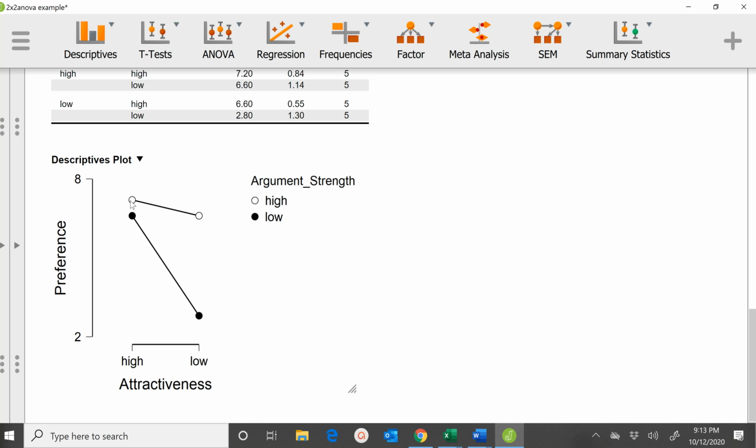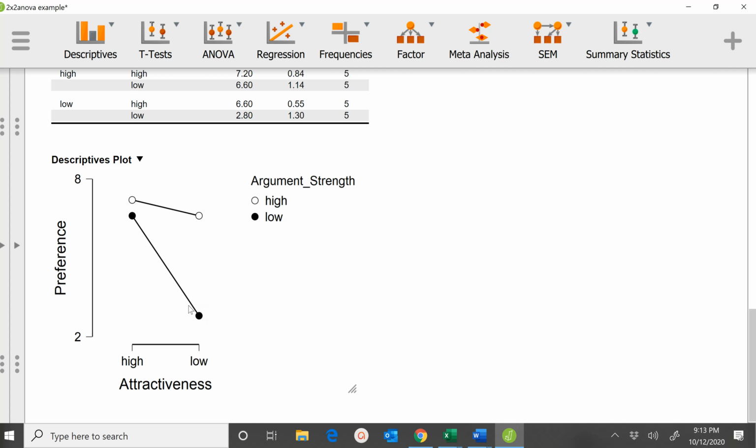The high argument strength condition doesn't really show a difference between high and low attractiveness. So attractiveness seems not to matter when the argument is strong, but when the argument is weak, we see that attractiveness does have an effect.